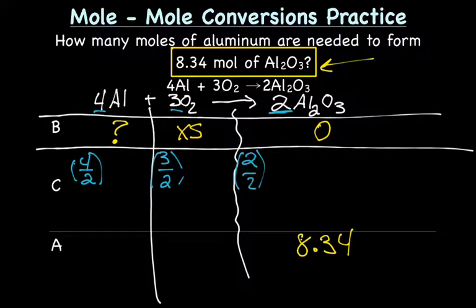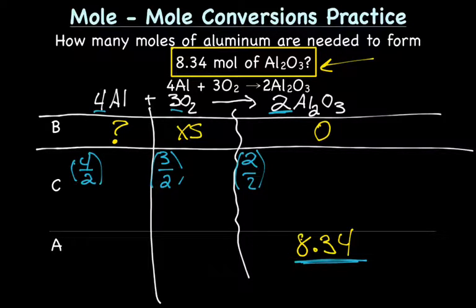Okay? All right. So now we need to figure out the amount of change. This time we need to start with the product side because that's the only place we have a number. So we have 8.34. So we need to put a number in the change column here that when you add it to 0 equals 8.34.